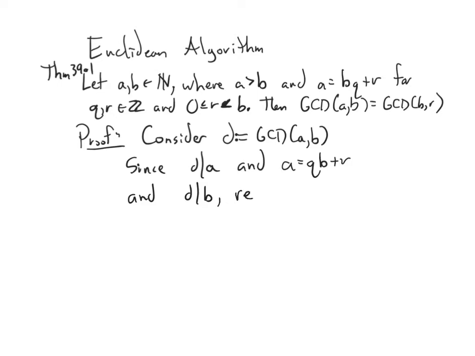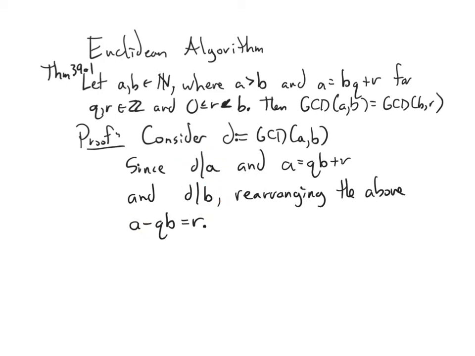So let's rearrange. So we rearrange the above. We get that a minus qb equals r. So I have that D is a factor of a.